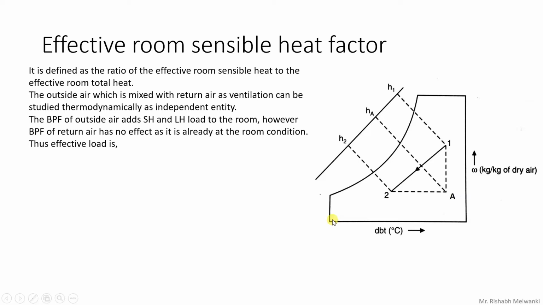So here I have shown a psychrometric chart skeleton. We have point number 1, which is outside air conditions, and point number 2, which are design conditions. We will have two psychrometric properties at point 1 so that we can draw point 1, and two psychrometric properties at point 2 so that we can mark point 2.